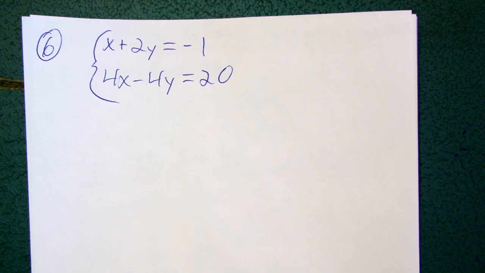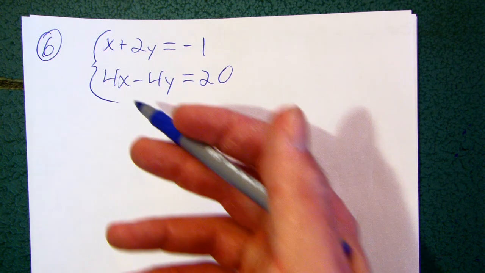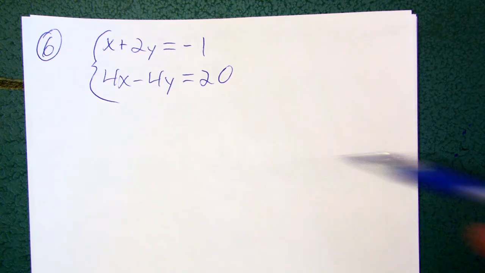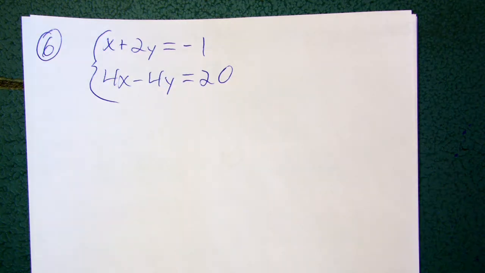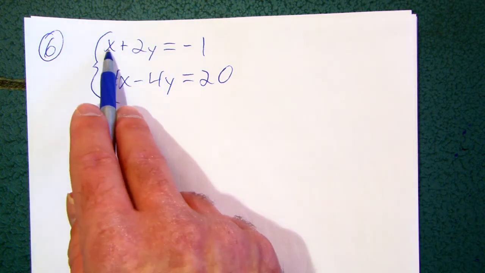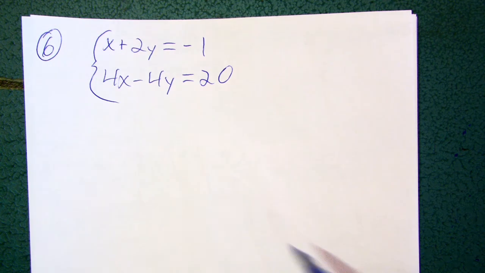All right, last one then. Again, when you have to try and solve for a variable, this one's just plain old x. Okay, we got x plus 2y equals negative 1, 4x minus 4y equals 20. When we're trying to solve for a variable, the easiest thing is when the coefficient of the variable is just 1.